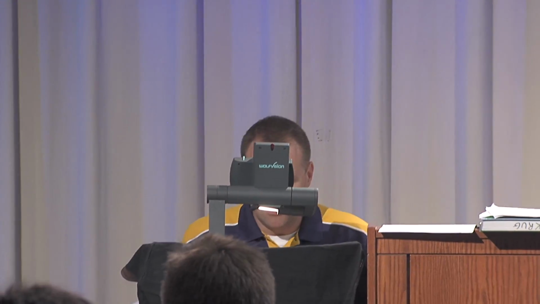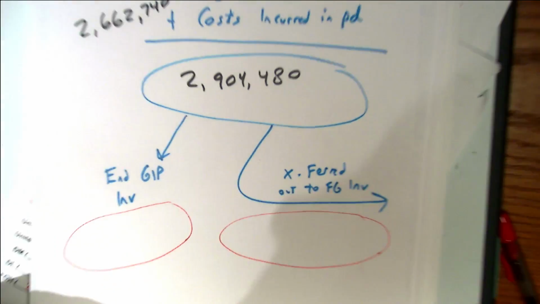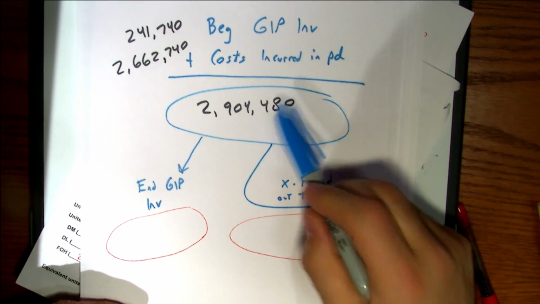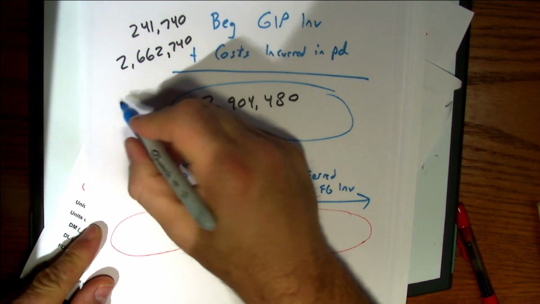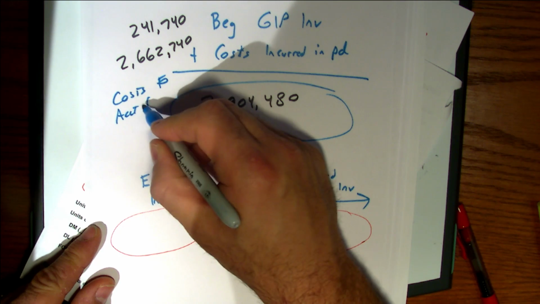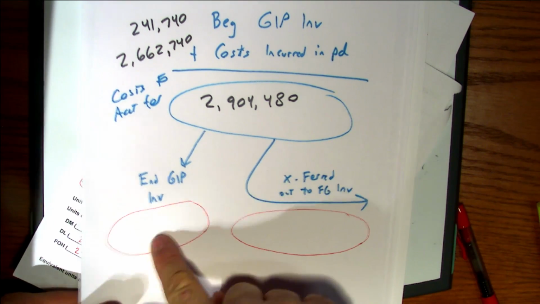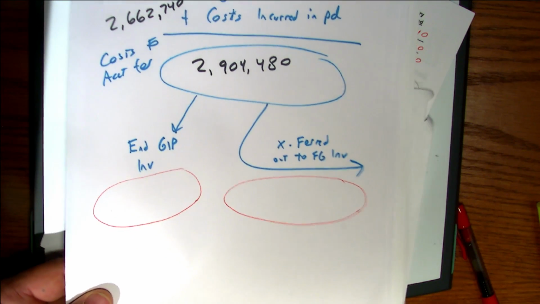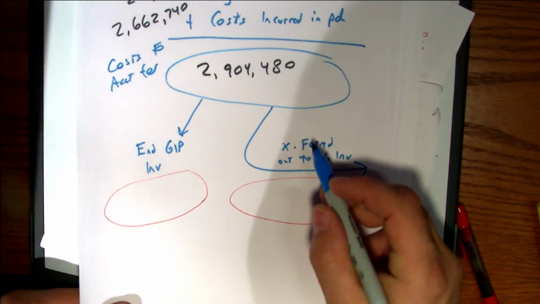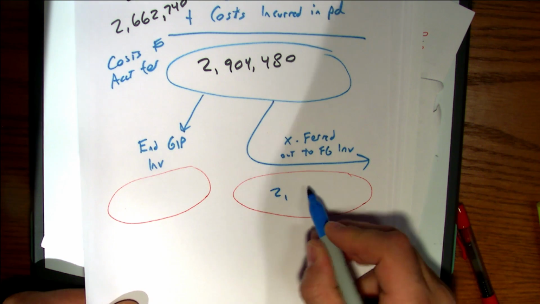Now remember, the whole purpose of this was to figure out, of this amount of costs to account for, how much is transferred out to finished goods and what remains in ending goods in process inventory. The number transferred out to finished goods was 2,664,000.